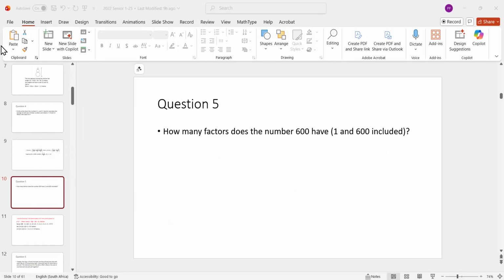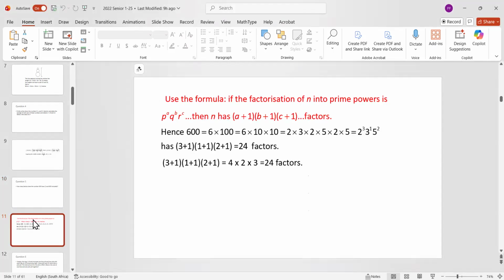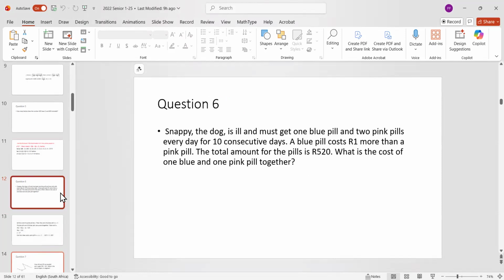Okay, so here we go. Let's get on to the next. Okay, you can see it's 24, and I give you the general formula for it. So you can have a look at that if you didn't understand what I said earlier on.